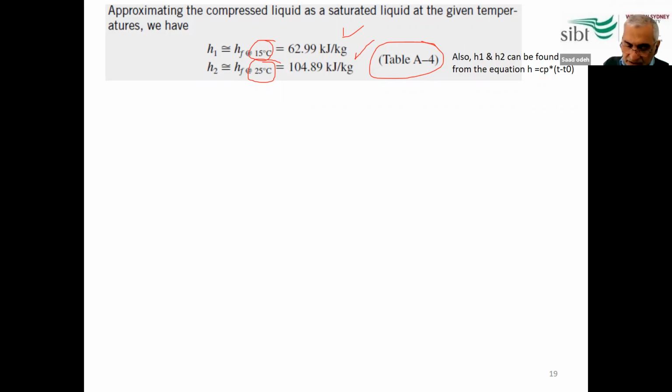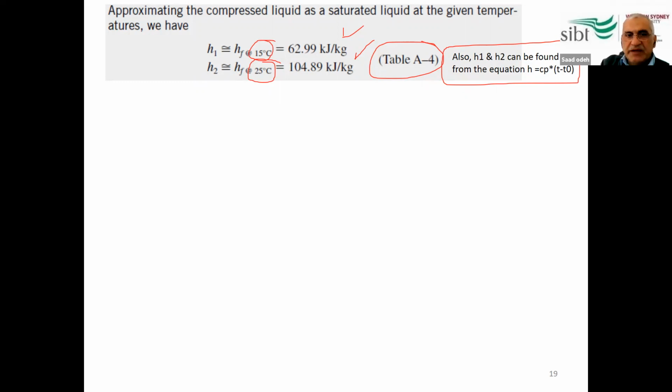Also, the other way that you can do it is you can use the equation we mentioned last time, the specific heat equation. You can say enthalpy is specific heat of water multiplied by delta T of water. Yeah, okay, that's possible also. You can do it this way. But if you don't want to do it this way, then just refer to the tables.